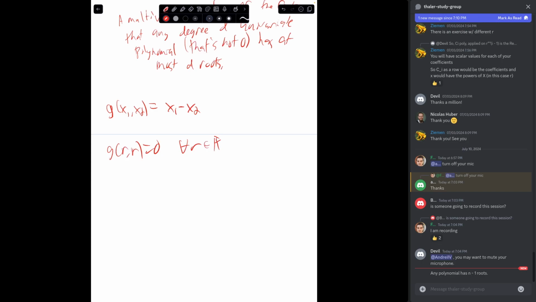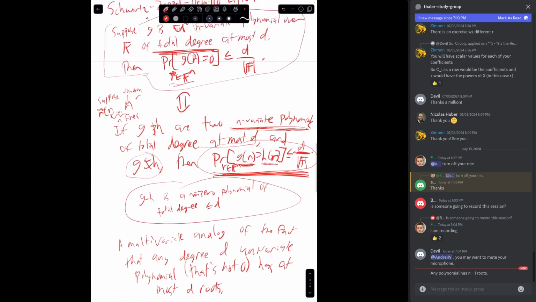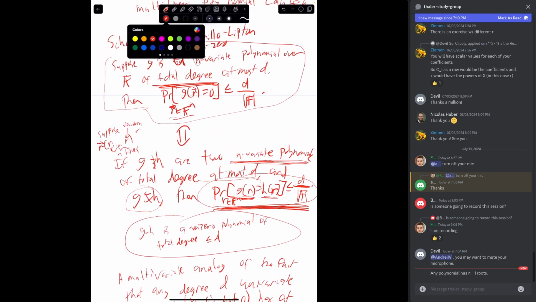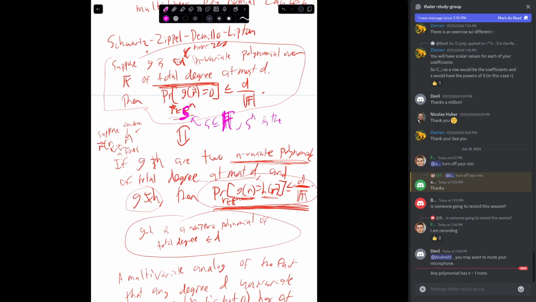So for Schwartz-Zippel, it's really important that the coordinates be independent. There is a generalization of what I just wrote, but what you just described doesn't work as a generalization. The right generalization turns out to be you need product sets. By S to the n, I mean S is any subset of the field and S to the n is the product set, S by S by S, n times.